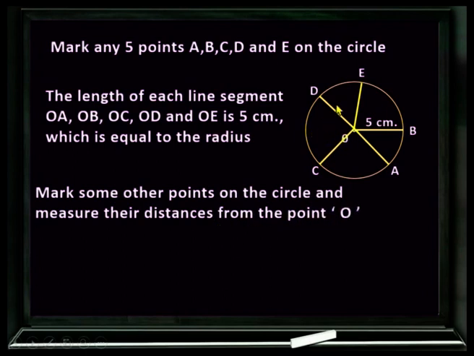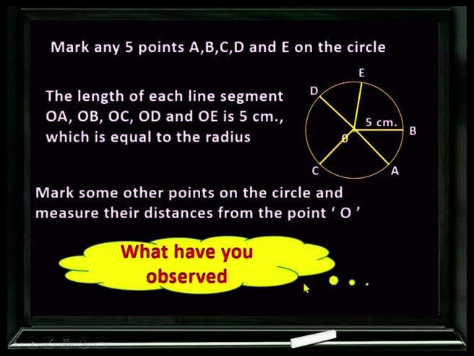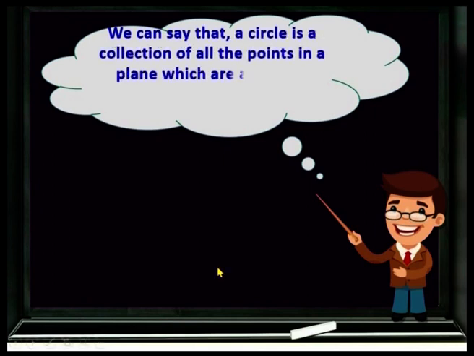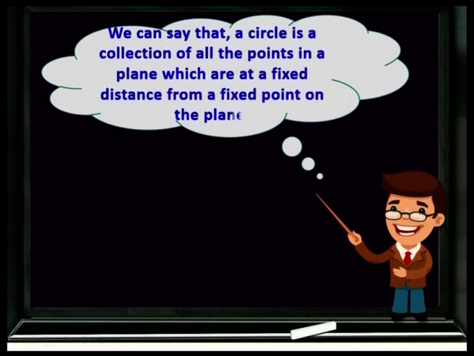If you mark any other points like this and measure their distance, what can you observe? What have you observed, students? We can say that a circle is a collection of all the points in a plane which are at a fixed distance from a fixed point in the plane.